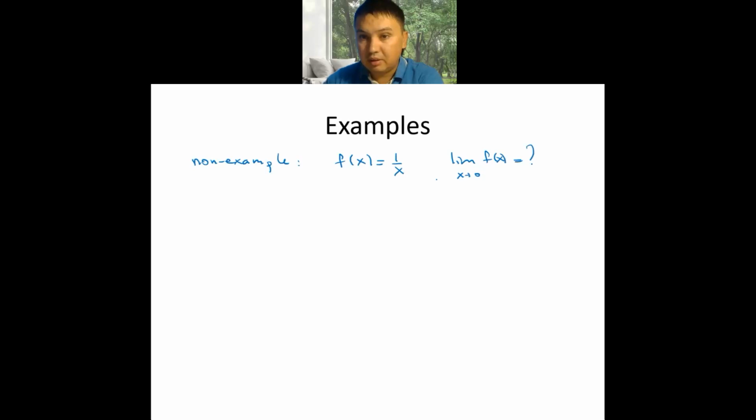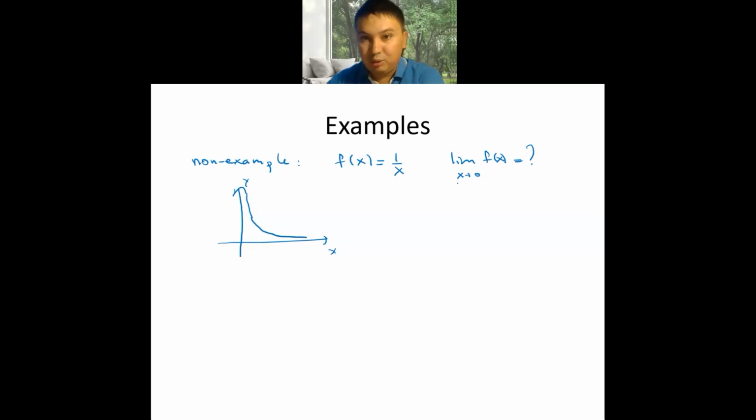Well, you can try to sketch the graph. Let's sketch it when x is positive. Here's my x, here's my y. The graph looks something like this, because as x increases, your function decreases. So I have a decreasing function here.